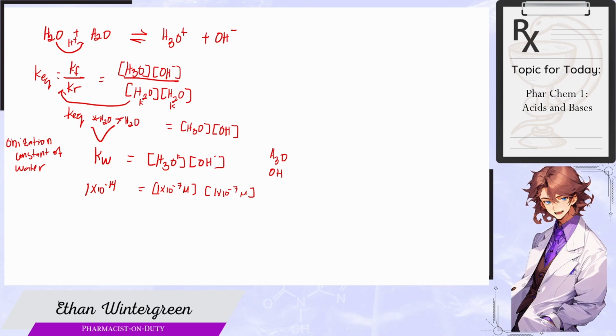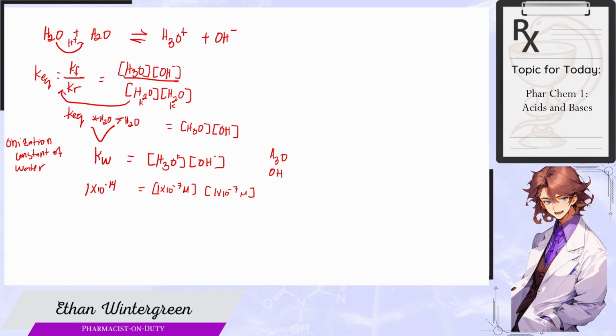Now, the ionization constant for water is interesting because when you multiply the concentration of hydronium and hydroxide, you would always get 1 times 10 to the negative 14. Now, we could use this equation to describe the acidity of a substance. Our standard way of describing acidity of a substance is pH.